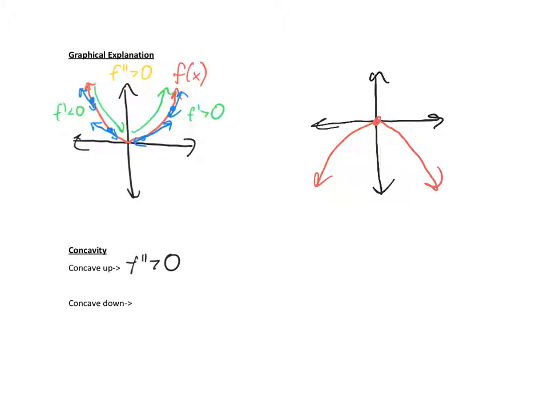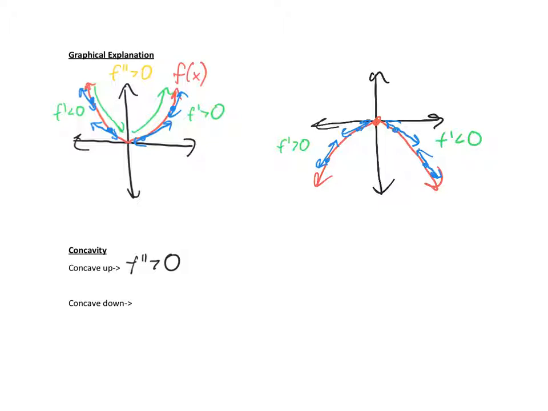Well, if we consider the first derivative, the slope of these tangent lines, then what I would note is that on the left side of this parabola, f prime is positive because the function is increasing. And on the right side, f prime is negative because the function is decreasing.